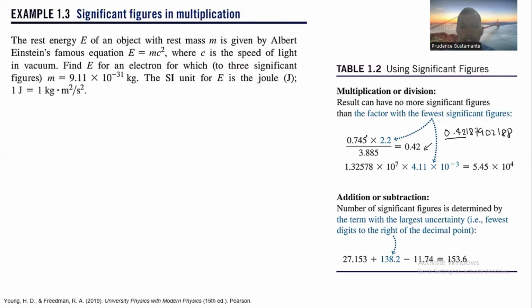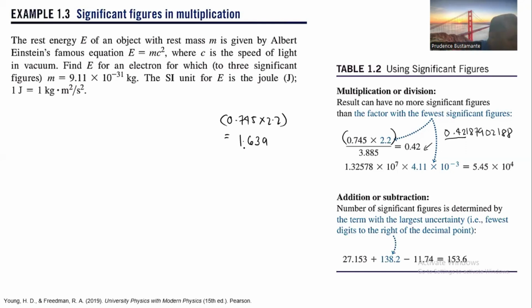For example, instead of doing this in a calculator at once, you do this first: 0.745 times 2.2. What would be the answer? Here you have 1.639.